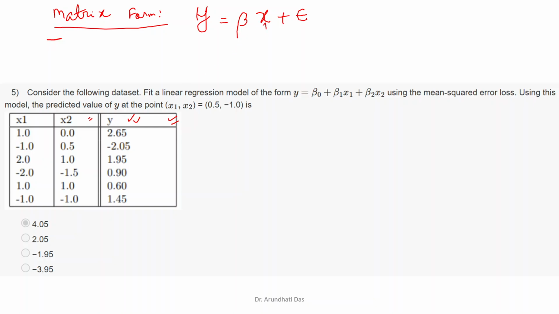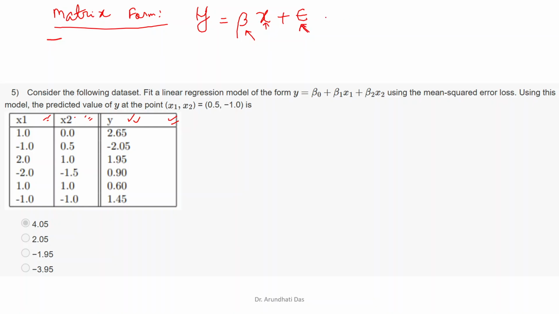Then x is a matrix, it will represent the values x1 and x2. Then beta will represent all the coefficient values. And finally epsilon is nothing but the error value.